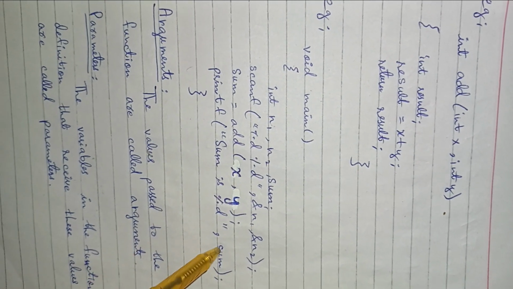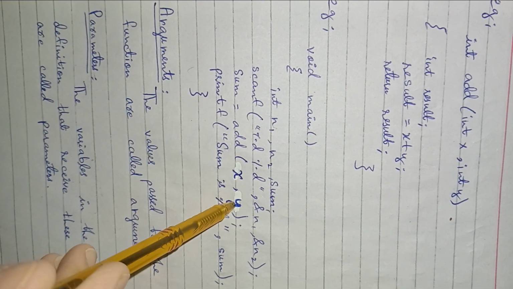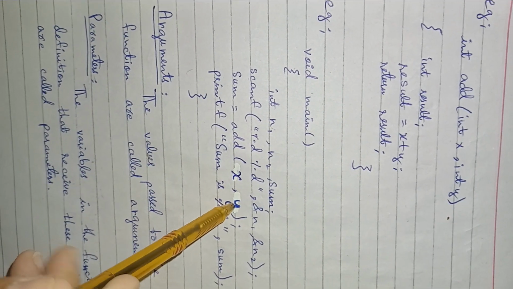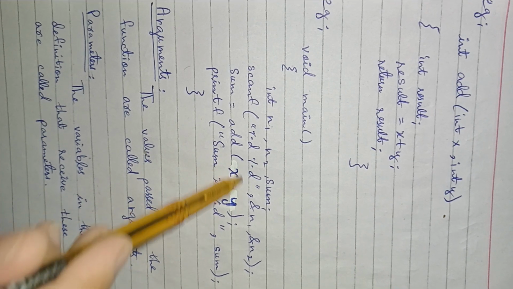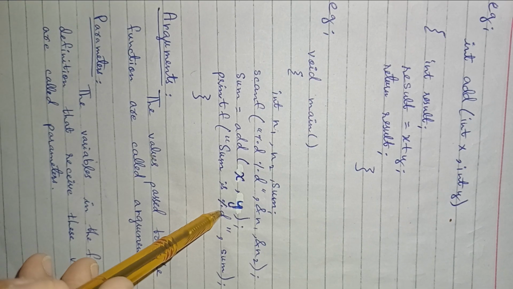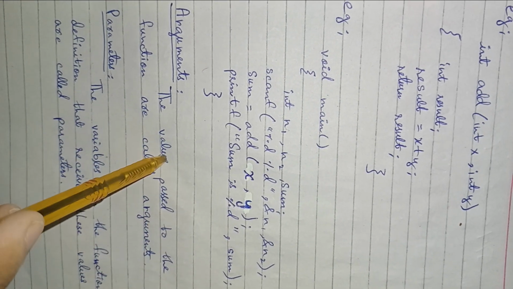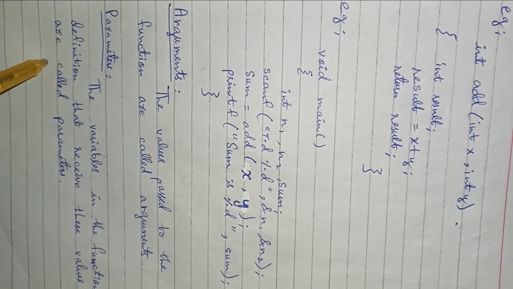So that is called the function call. Here we are calling the function, right? And these are also called function arguments. So basically the values passed to the function are called arguments, right?